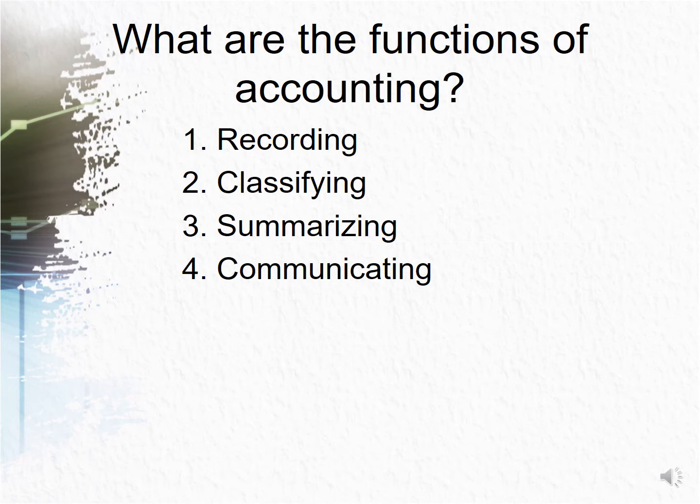Before you know the use of financial information, you should know the functions of accounting. The functions of accounting are recording, classifying, summarizing, and communicating. Let's talk about them one by one. Recording is very easy.